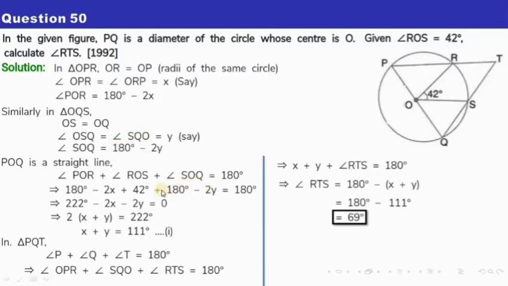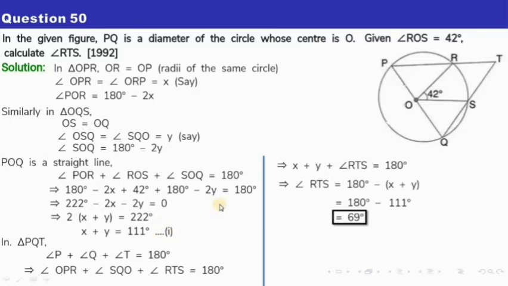After simplifying, you will see that you have 222 degrees minus 2x minus 2y equals 0. Just find the value of x plus y from here. So x plus y equals 111 degrees, and let me call this equation 1.